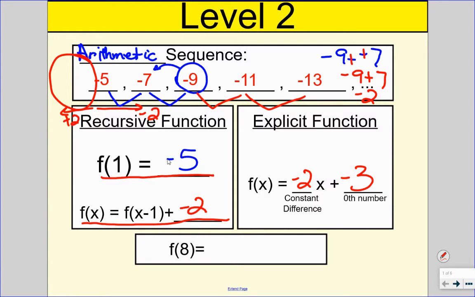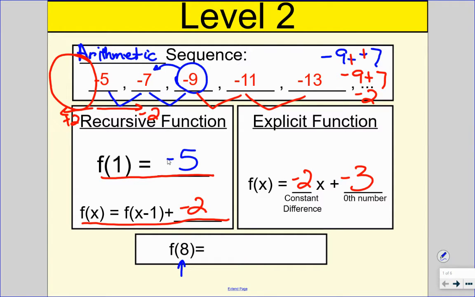What this explicit function is great for is finding any term in the sequence. We're now looking for the 8th term in the sequence, the 8th number.